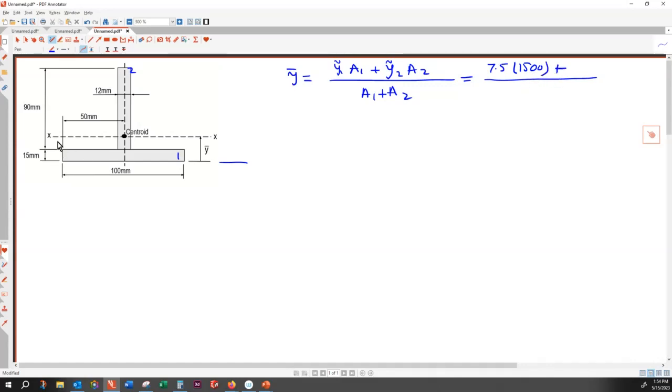For the second shape, half of 90, this is 45. 45 plus 15, that is 60. And the area is 90 times 12.